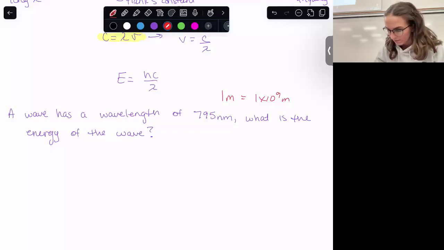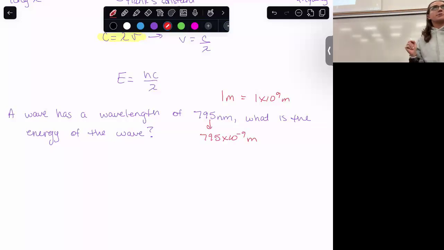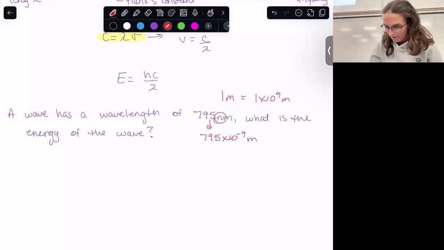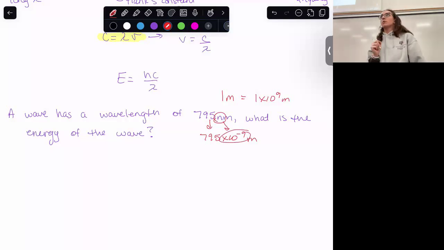So this means 795 times 10 to the negative 9th meters. All right, so anytime you see nm, I just put in times 10 to the negative 9. I just put 795 times 10 to the negative 9. You don't need to do proper scientific notation. Okay. Yeah.